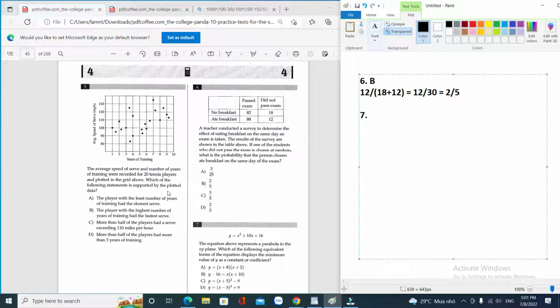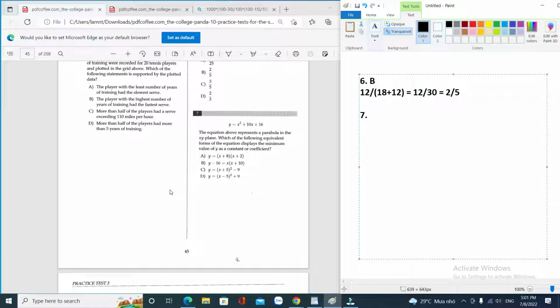Number 7. The equation above represents a parabola in the xy plane. The minimum value of y is asked, with a constant or coefficient. So y equals x squared plus 10x plus 16. We have to complete the square.